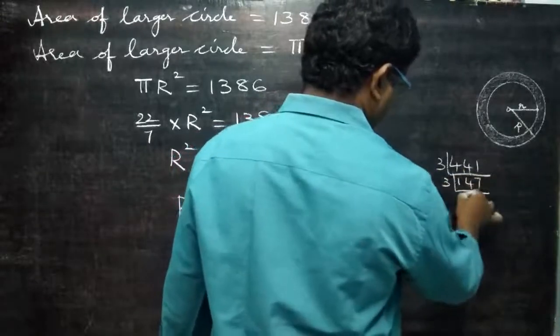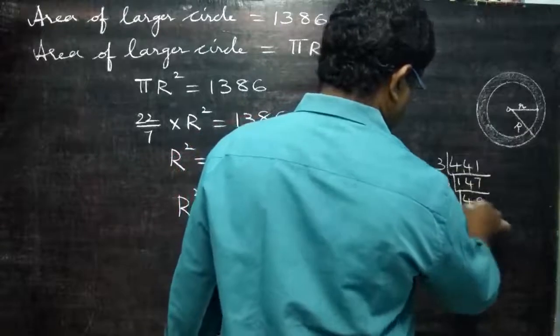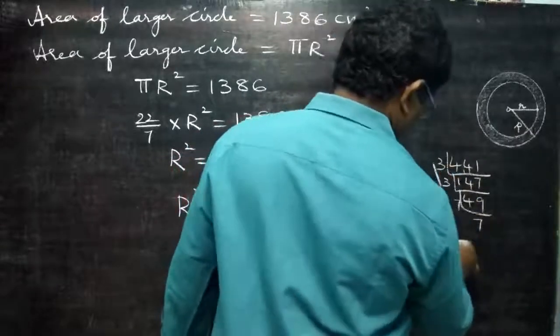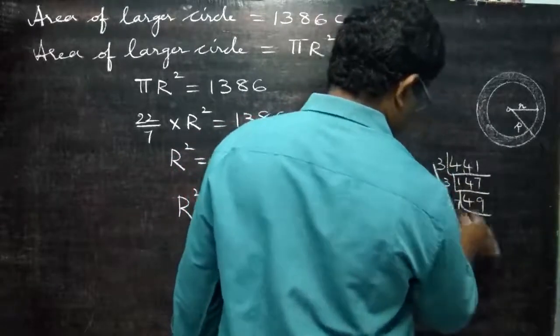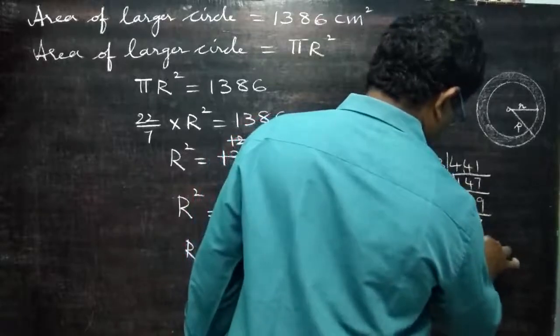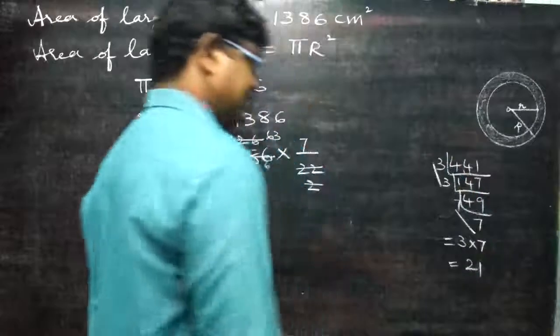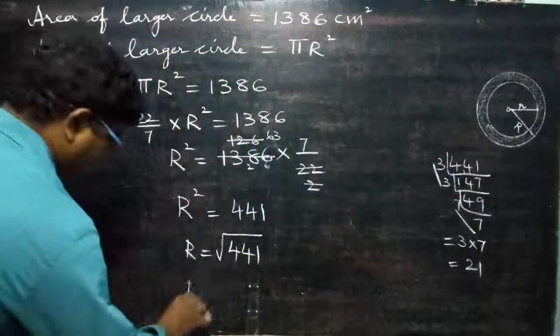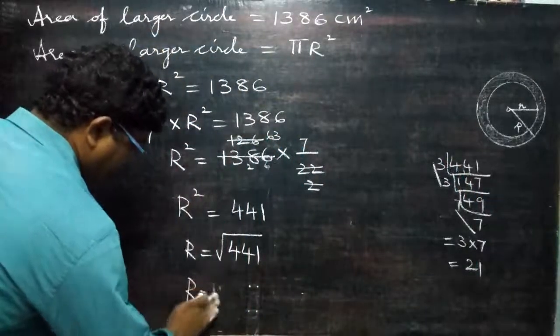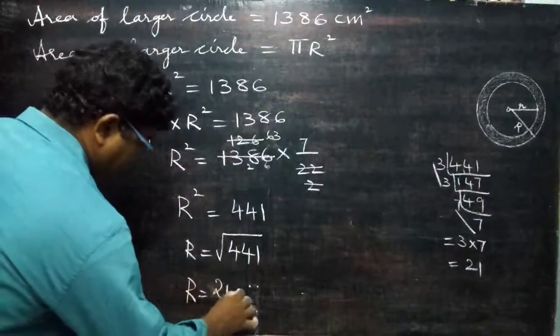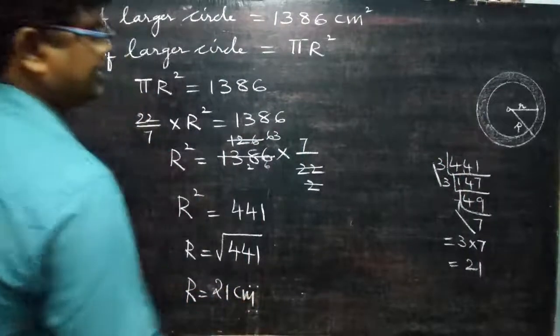Again 3 table. 3 4s are 12. 3 9s are. 7 7s are 49. So 3 3s and 7 7s. 7 3s are 21. Prime factors method, this is one method. So R we got 21 centimeters.